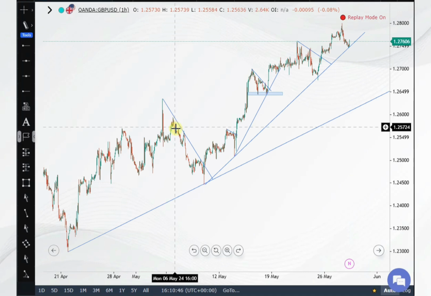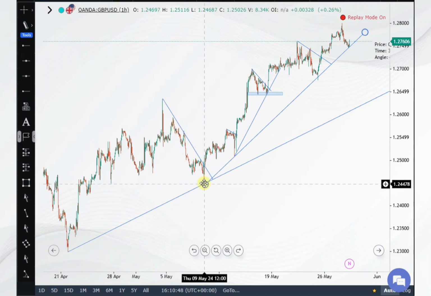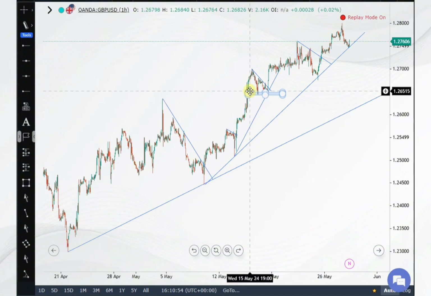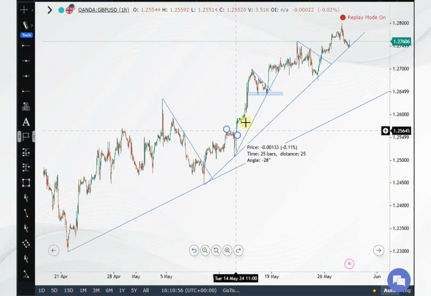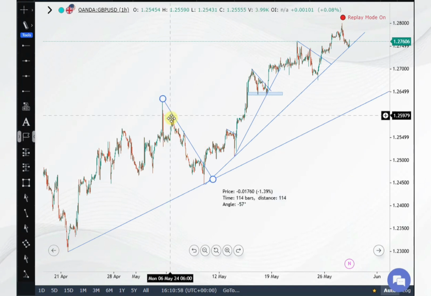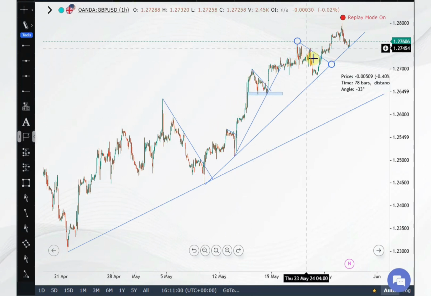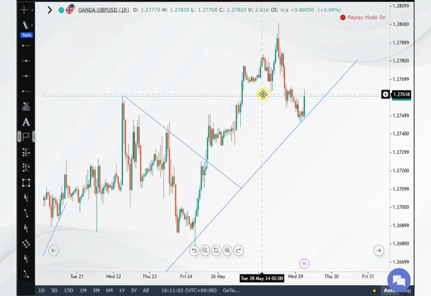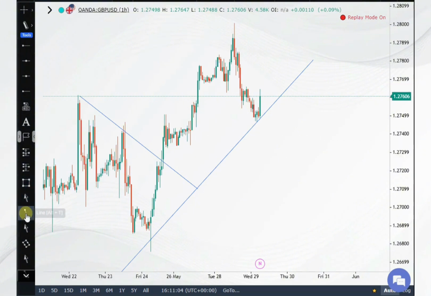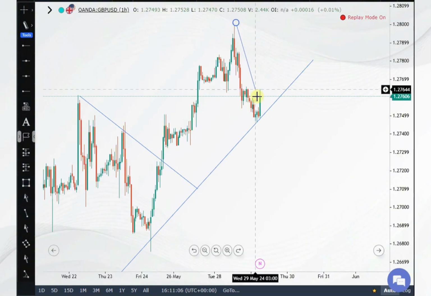So you want to ride it to the downside to meet the overall trend line, so you can swing the buys to the top. Okay, so this is our counter trend, and this one also is a counter trend.